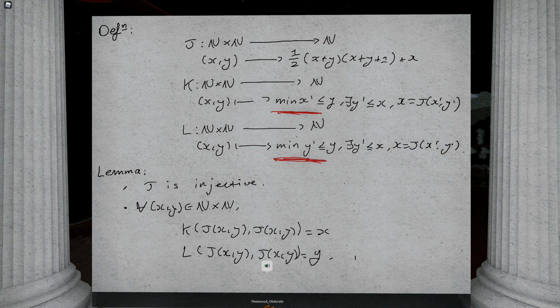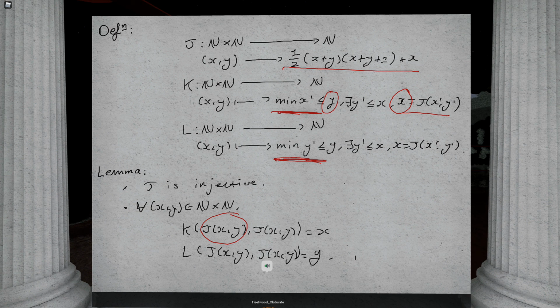So the minimization thing is just there in order to ensure that we have a general recursive function, but then you might be worried that there is not the value x that is needed less than or equal to y prime, for which we can extract the original value x. But that's fine, because what we can do is we can just give, for this input, J of x y itself. Then there's no possible problem.